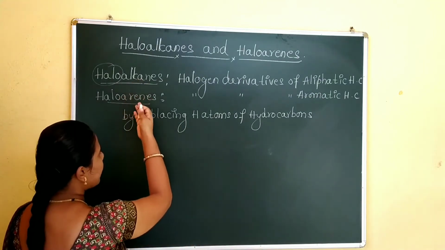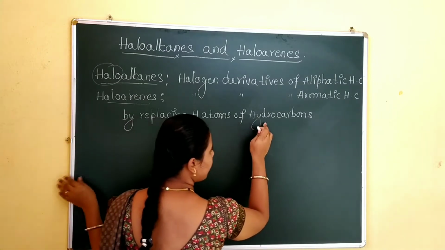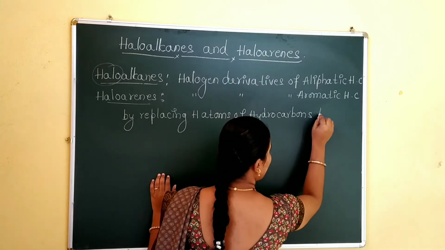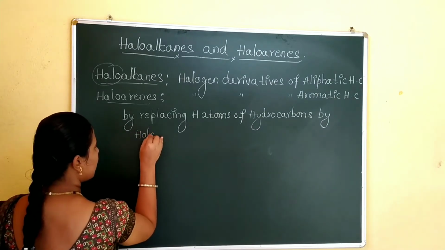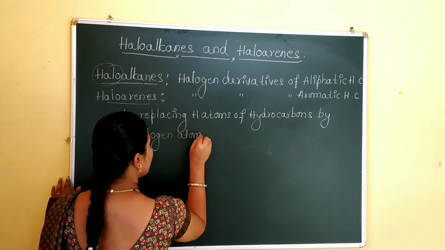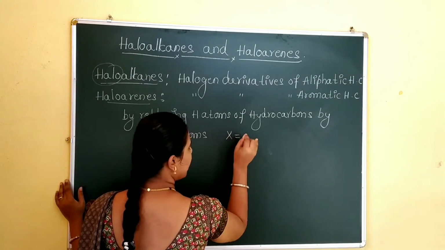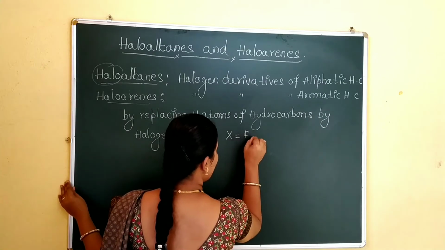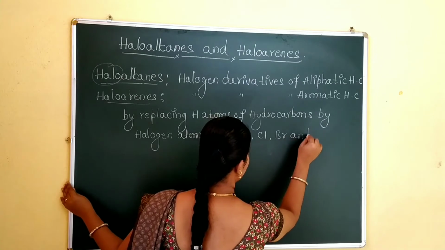They are obtained by replacing hydrogen atoms of hydrocarbons by halogen atoms. Here, halogen atoms are represented by the symbol X, and the halogen atoms are fluorine, chlorine, bromine and iodine.